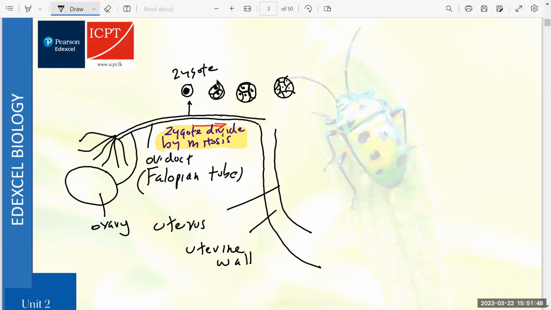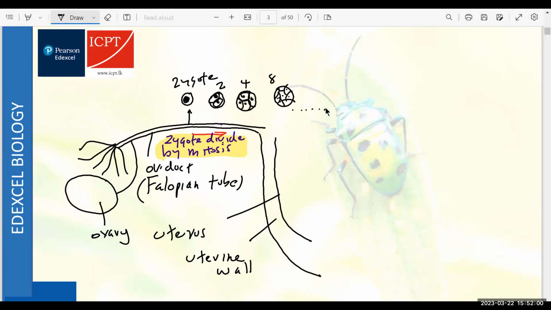Right? So here, 2 cells, 4 cells, 8 cells. Now this keeps on dividing until it comes to a certain number of cells, roughly around 32 to 64 cells.